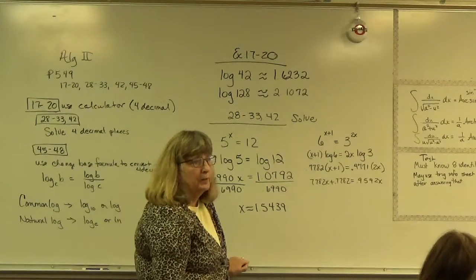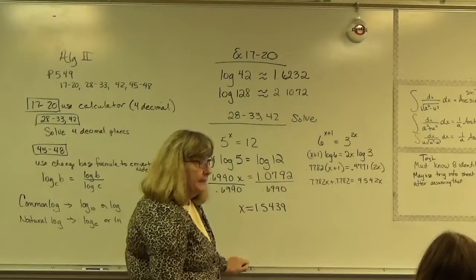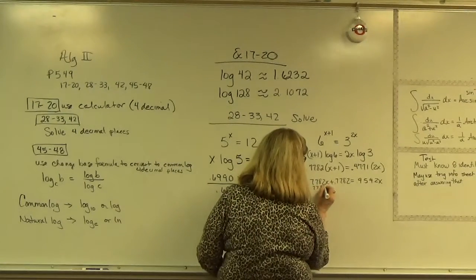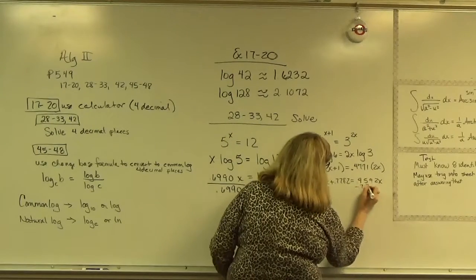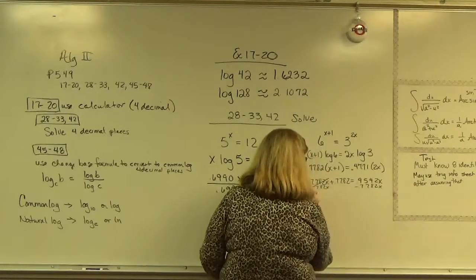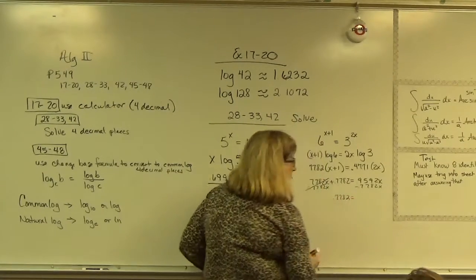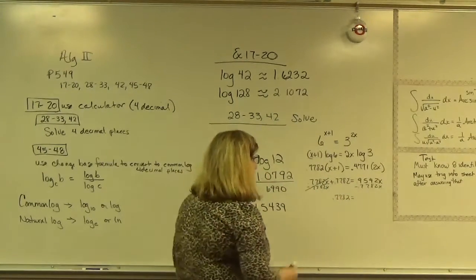All I did was multiply. Get our x's on the same side, so it's just algebra from here on out. So I'm going to subtract 0.7782x. So that cancels. I get 0.7782. All I'm doing right now is subtracting.